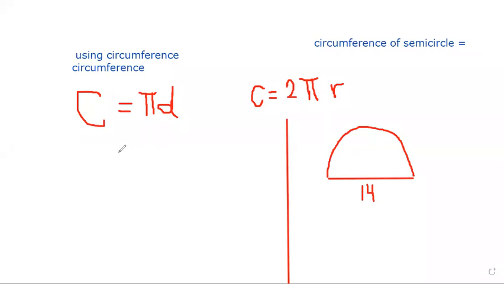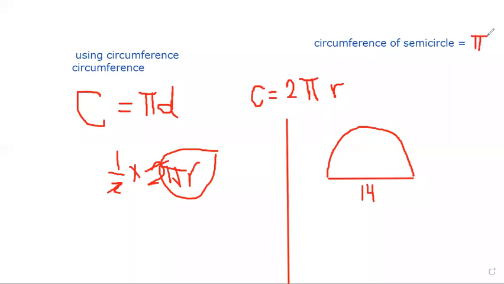If you take half, it will be half times 2 pi r, right? Then you can cancel 2 divided by 2 equals 1. So like Zena said, the circumference of a semicircle equals pi r.